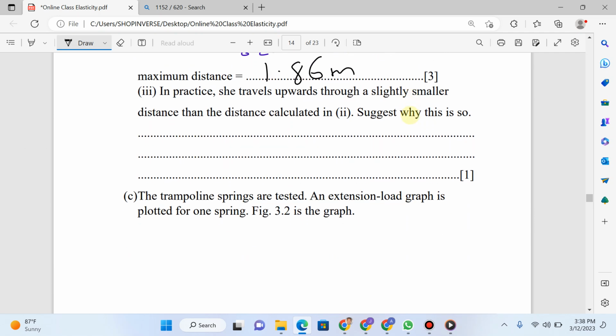So suggest why this is so. Some of her kinetic energy will be used to overcome drag.